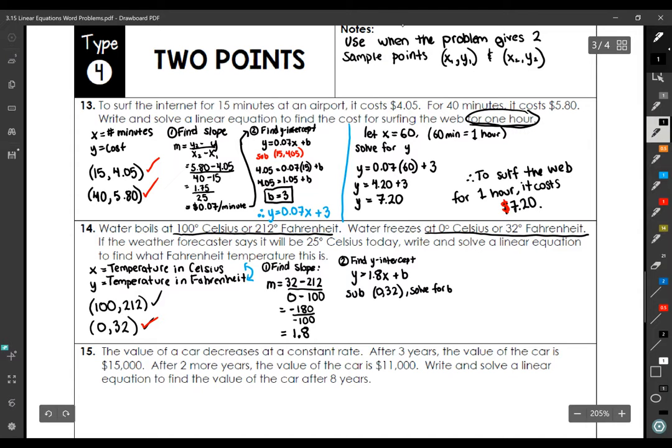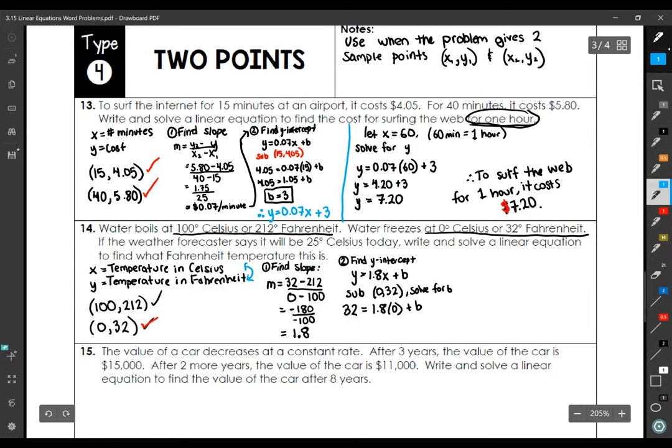Anything multiplied by 0 better be 0, so that actually gives us b is equal to 32. We should have been able to realize that right away, that this is our y-intercept.